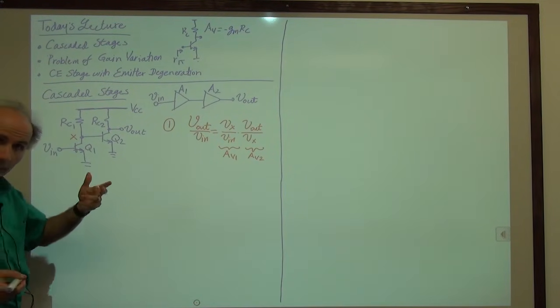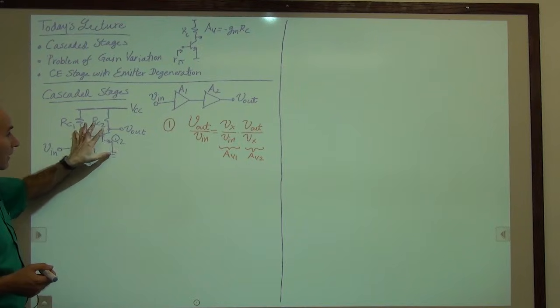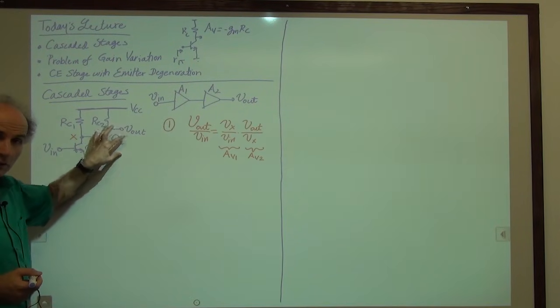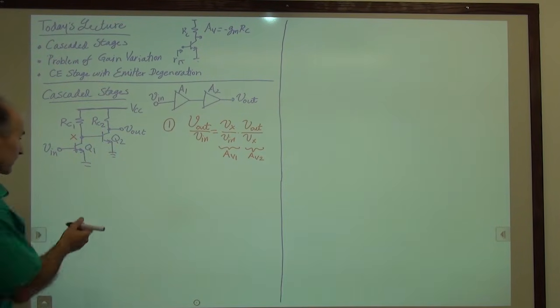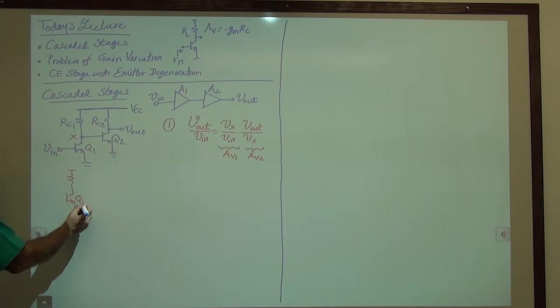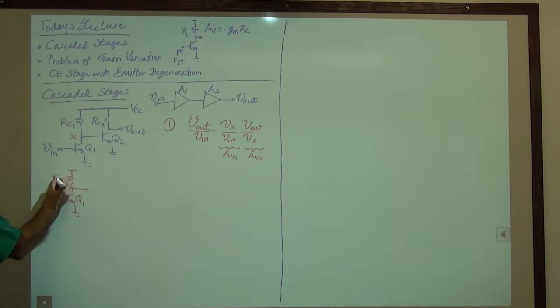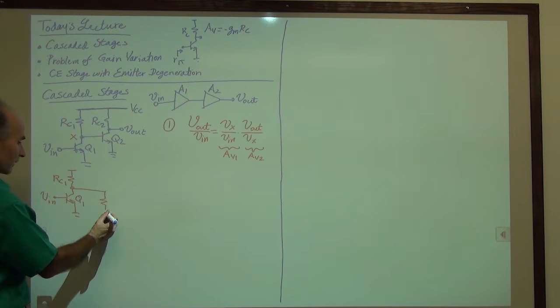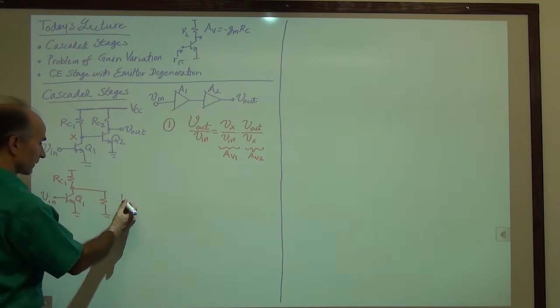Now, if that's a little confusing, we can go ahead and draw a bit of the small signal model just to visualize these. So let's do that. Here's what we'll do. We'll just draw the first stage in its original form. We don't bother with the small signal model here. But for the second stage, we draw the small signal model, like so.